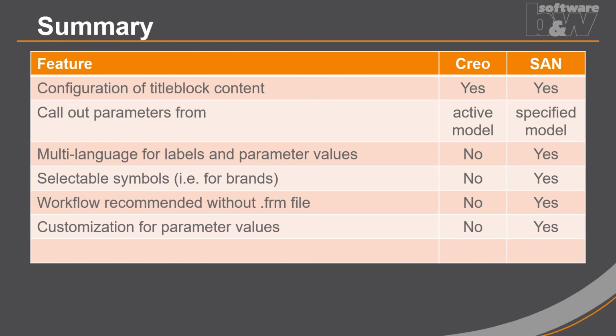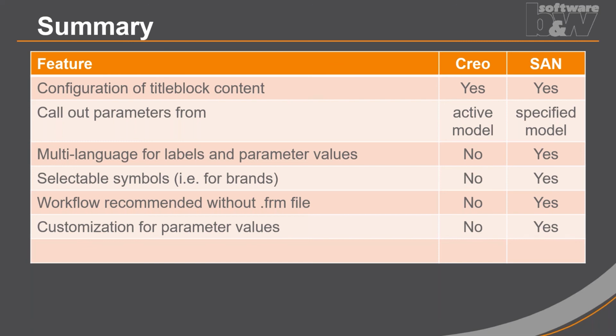You can use multi-language labels and parameter values in SMARTAnnotate. In Creo Parametric itself, you would have different formats for every situation. You can use selectable symbols for brands, logos, projection method, whatever you envision in SMARTAnnotate.